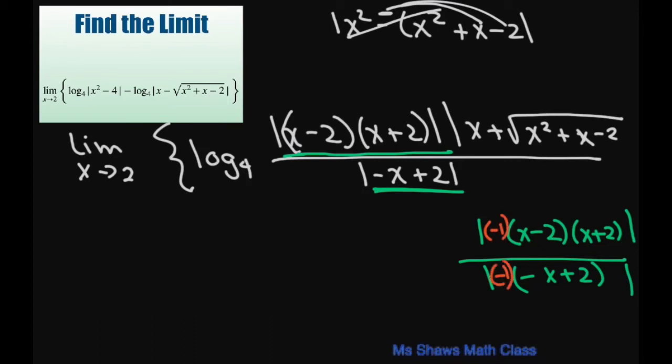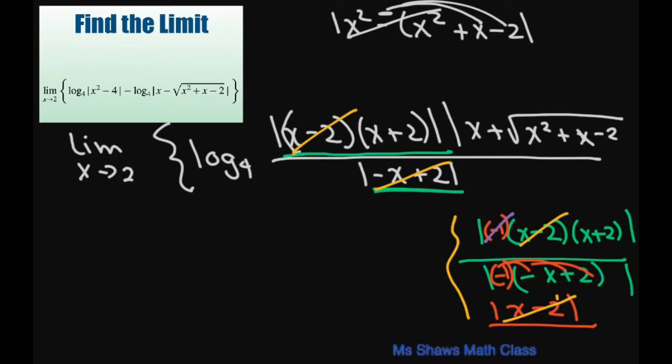For the denominator, I would get absolute value of x minus 2, if you distributed the negative. In the numerator, the absolute value of negative 1 is just 1, so that goes away. So these two will cancel, based on what I just did there.